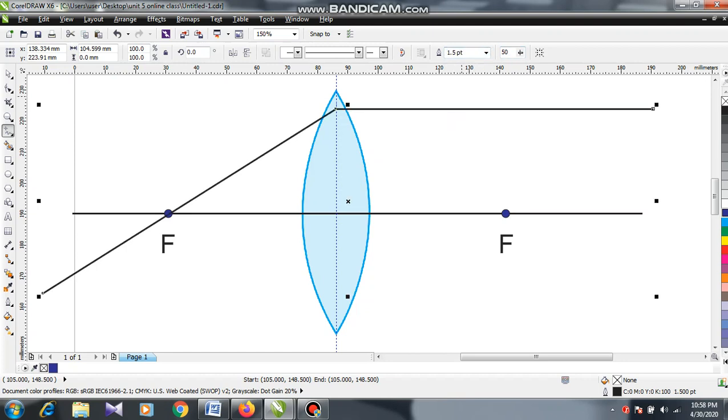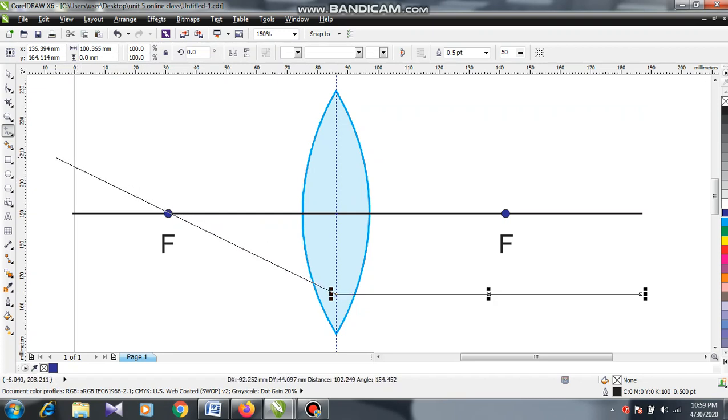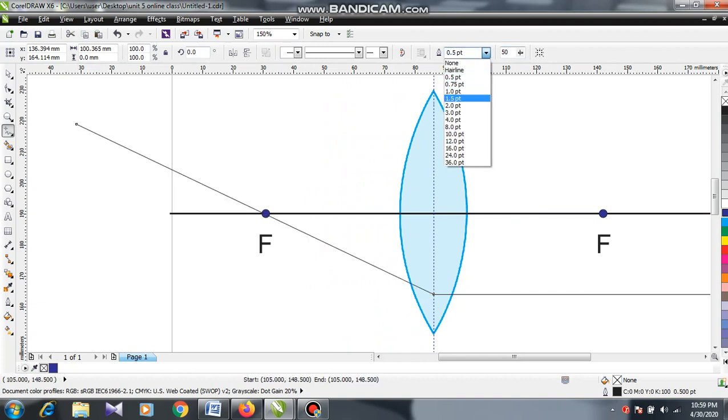If the arrows are not drawn, it will be wrong. And if the light rays are coming from the bottom side of the principal axis, it will be refracted in this manner. Here also you have to draw the arrowheads correctly.